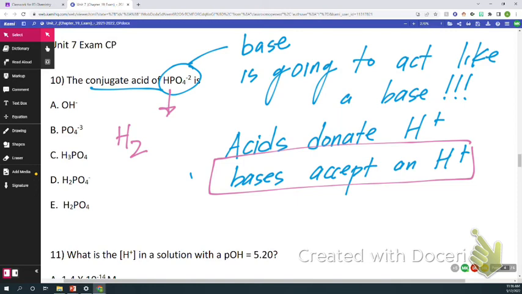So it's either D or E now already. You already knocked these three out. It's going to have two H's because it's going to pull in an H. And the PO4, it was a -2, but you're taking in an H plus, an H and a plus. So a -2 is going to end up being -1.